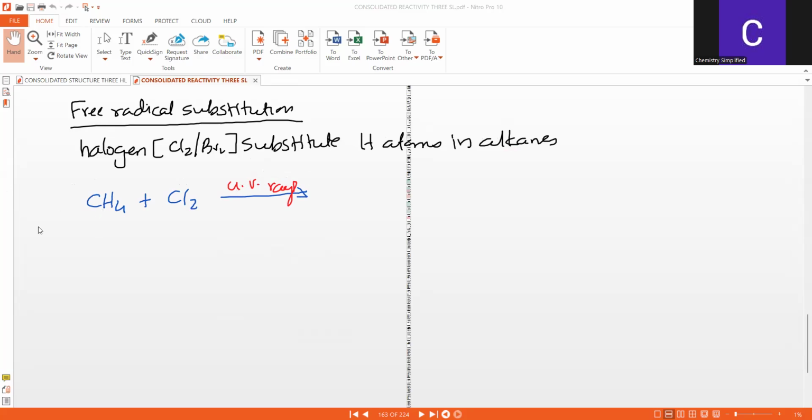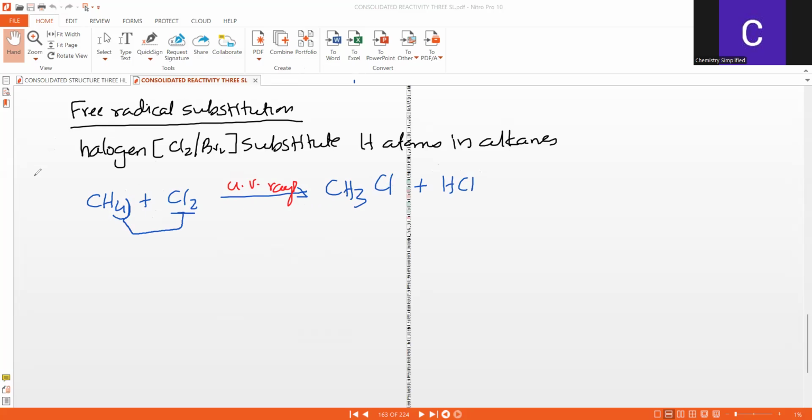So one chlorine atom will substitute one of the hydrogen atoms. So one hydrogen atom will leave from here, which means now I have CH3. In the place of the fourth hydrogen, there is a chlorine coming in. And the hydrogen that is lost will go with the other chlorine to form HCl.